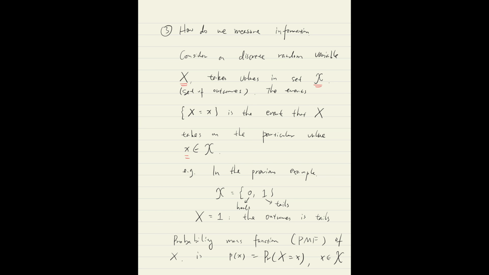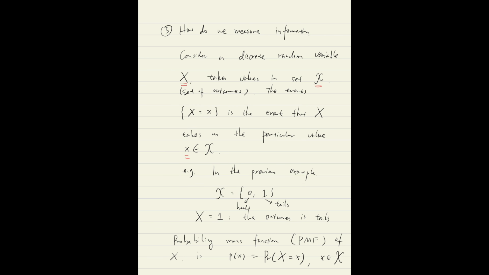You can use whatever you want; that number doesn't matter. Then if capital X, our random variable, is 1, you can again assign that to whatever you want. I assign that to mean the outcome is tails. So that's how to map the probability notation to our previous example.